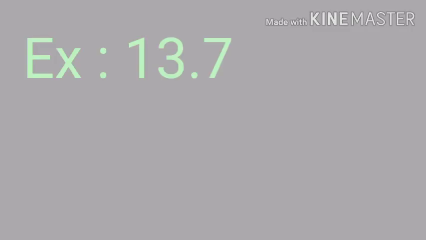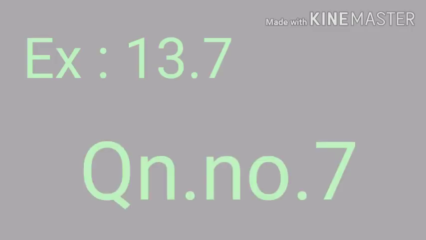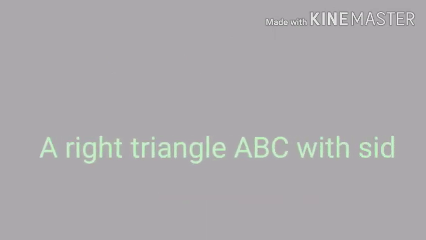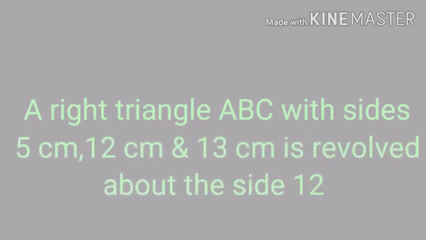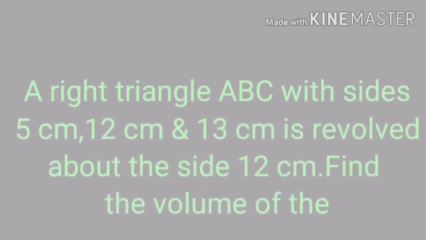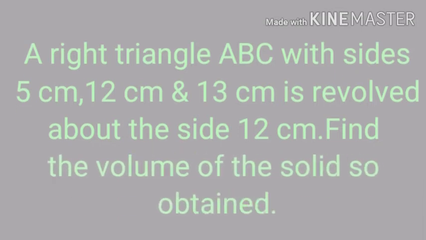So now exercise 13.7, question number 7. A right triangle ABC with sides 5 centimeter, 12 centimeter and 13 centimeter is revolved about the side 12 centimeter. Find the volume of the solid so obtained.